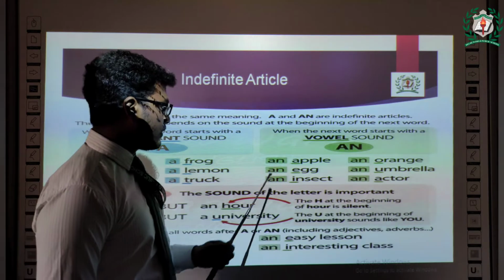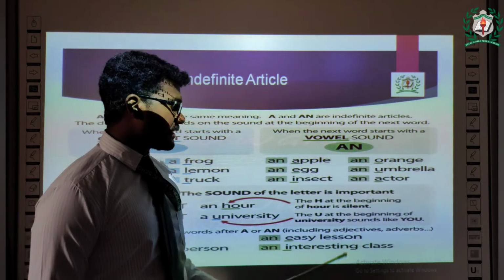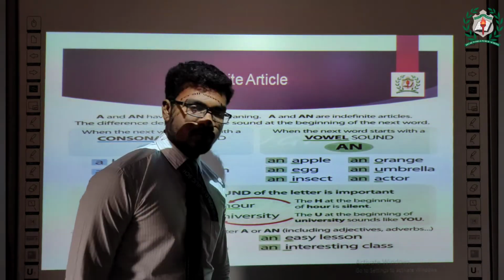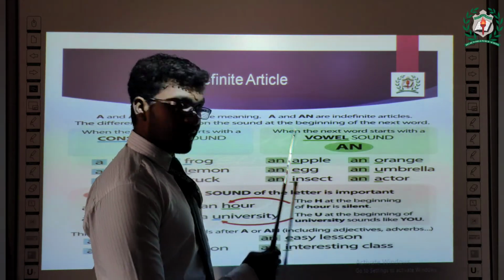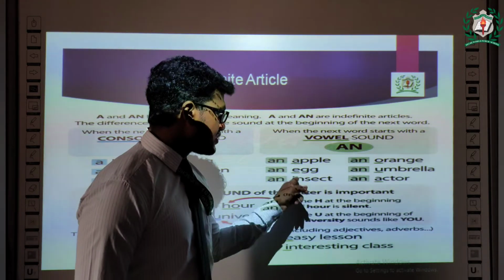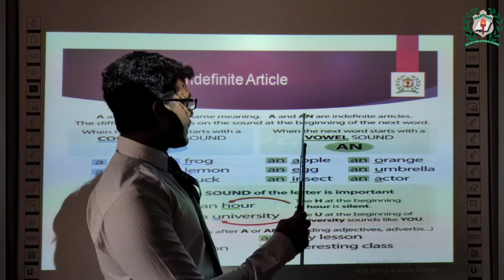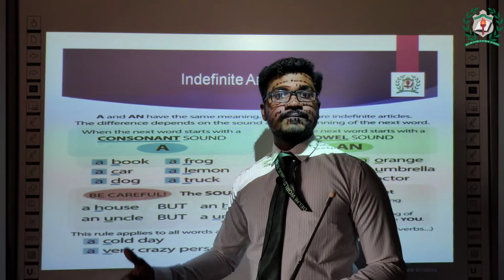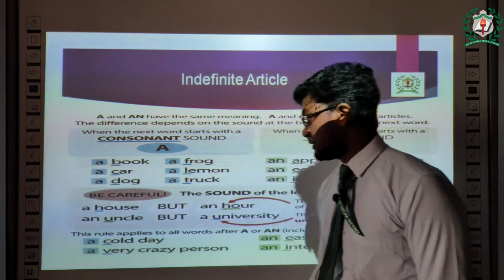Let's see: an apple, an egg, an insect, an orange, an umbrella, an actor. These all start with vowel sounds, so we have to use "an". This is the simple method, and in later slides we will be seeing more. You will be very clear in this topic.